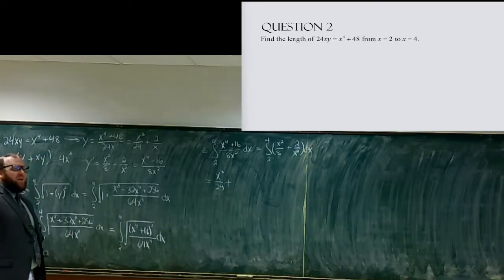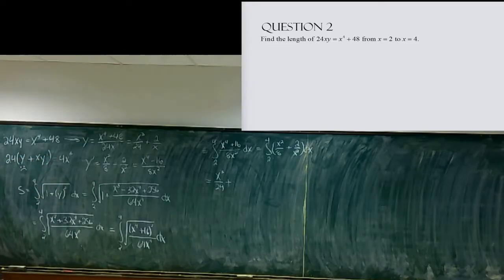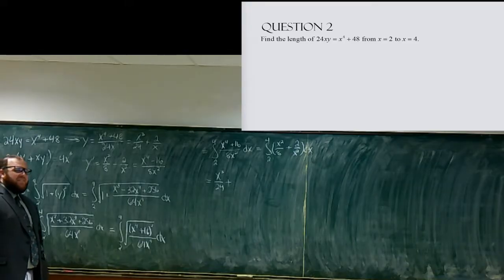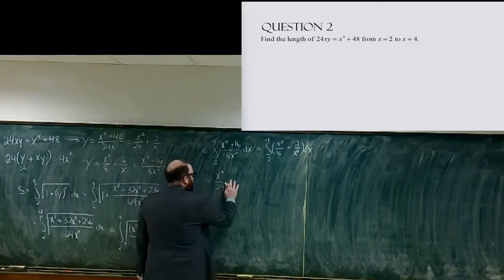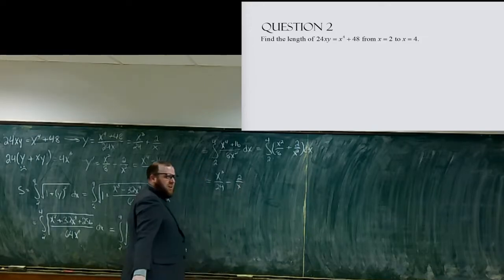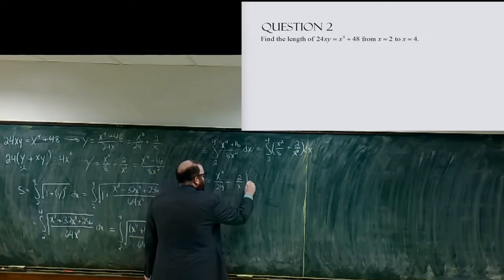Antiderivative of 2 over x squared is negative 2x to the power of minus 1, just minus 2 over x. Evaluate that from 2 to 4.